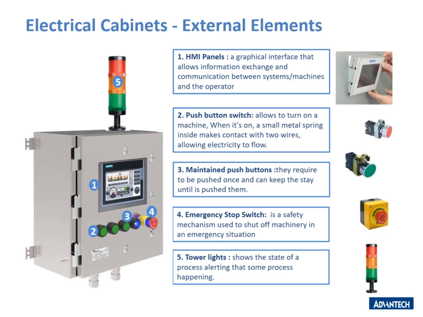Maintained push buttons. They require to be pushed once and can keep the state until they are pushed again. 4. Emergency stop switch is a safety mechanism used to shut off machinery in an emergency situation. 5. Tower lights show the state of a process, alerting that some process is happening.